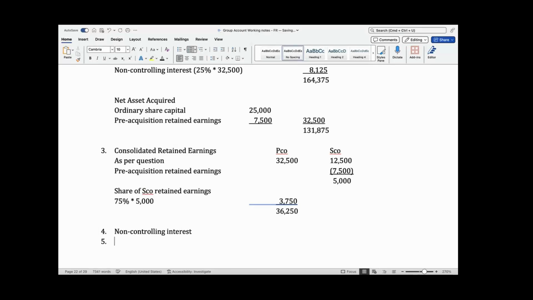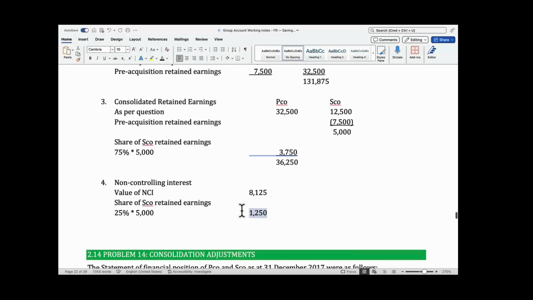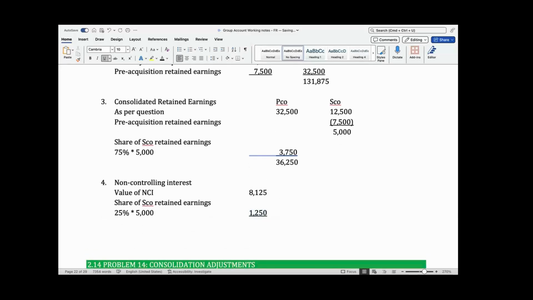Now, my NCI. The value of NCI set up there was 8,125. Share of ESCO retained earnings, which is 25% times 1,250. Now, where you wrote share of ESCO retained earnings at 75%, you're supposed to put share of parent. That's what I was saying.